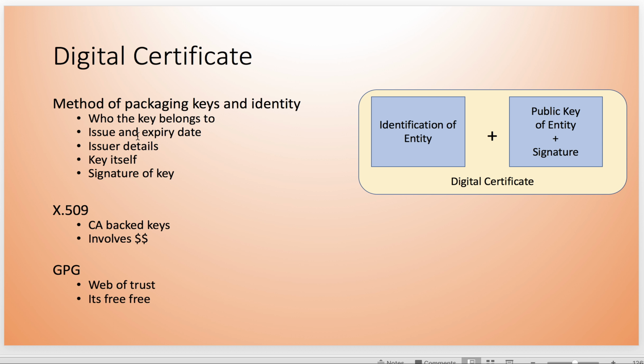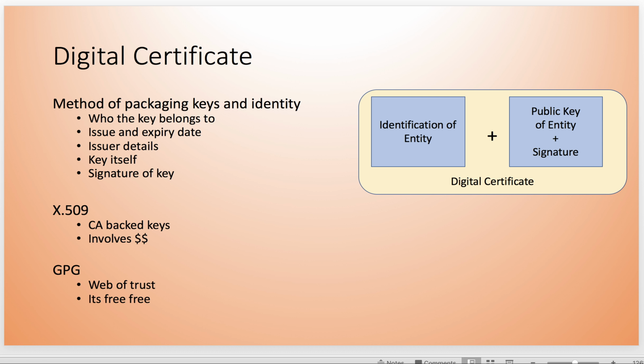and a digital certificate can be of two types. So it's typically of two types. It's an X.509 certificate, or it could be GNU GPG, that is GNU Pretty Good Privacy. The X.509 is a certificate authority backed certificate, which means when I create an X.509 certificate, I need to go to a certificate authority and get my certificate, or get my public keys blessed by it.